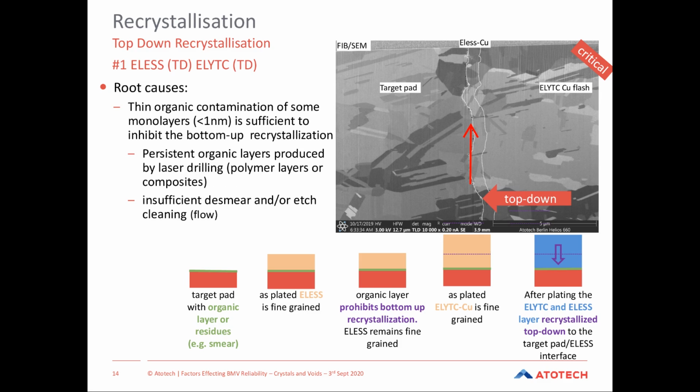The electrolytic is then placed on top of it, but there's a good interface between those two layers, so as the electrolytic begins to crystallize, the diffusion front passes from the top down into the electroless layer. As you can see from the SEM, the electroless has adopted the same crystal structure as the electrolytic, but not the same as the substrate material. So that is a total top-down system based on contaminants prior to electroless plating.